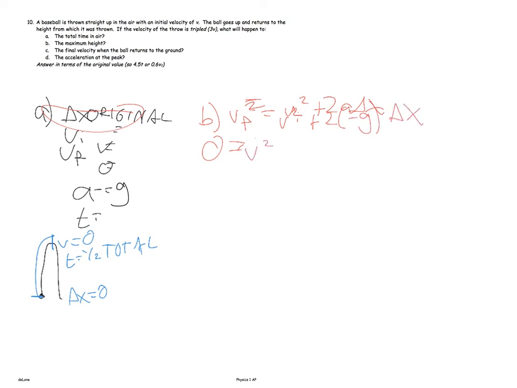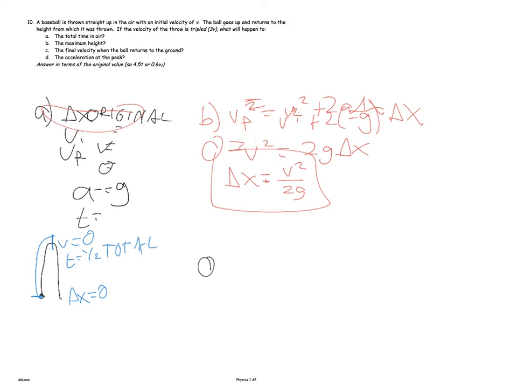So v squared equals 2g delta x, which means that my displacement, the maximum height, is going to be v squared over 2g.